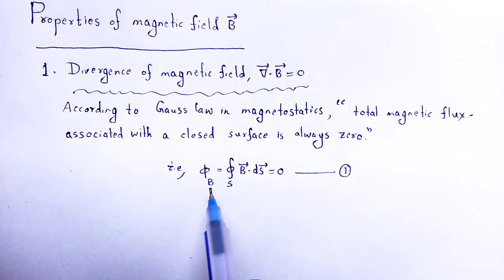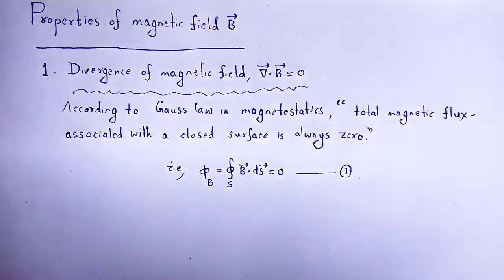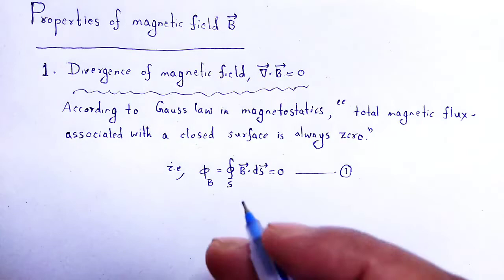Again, from Gauss divergence theorem, the surface integral can be changed to the volume integral.